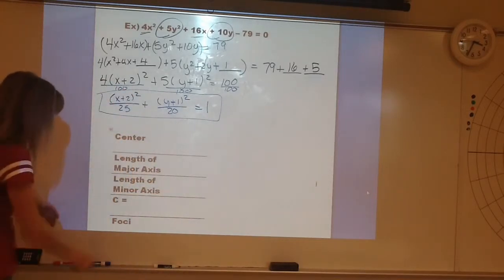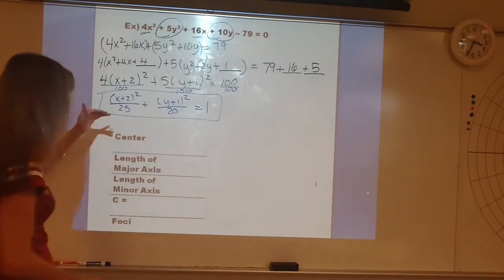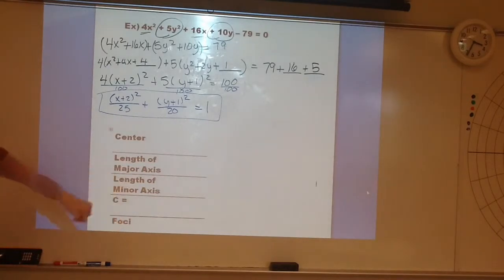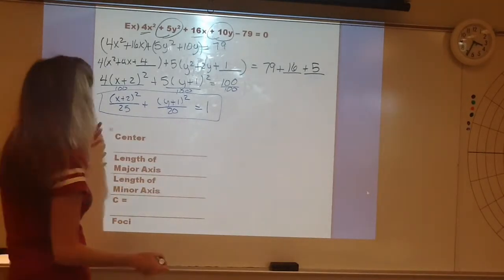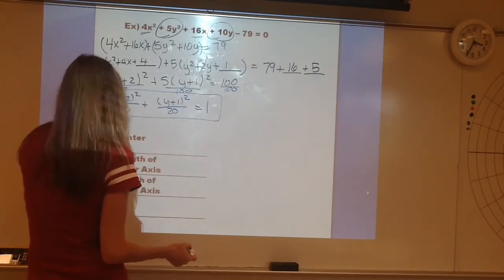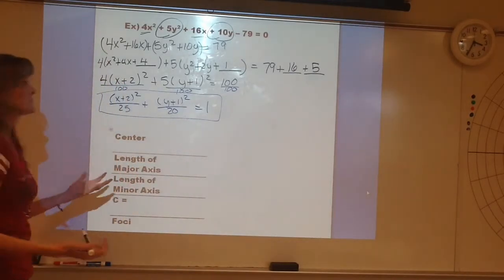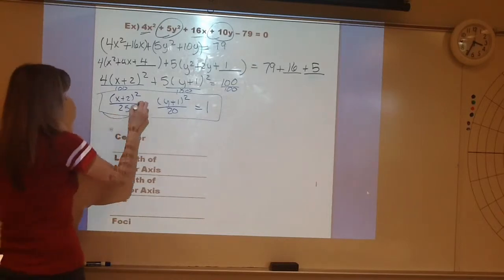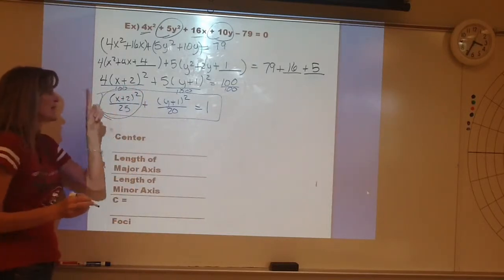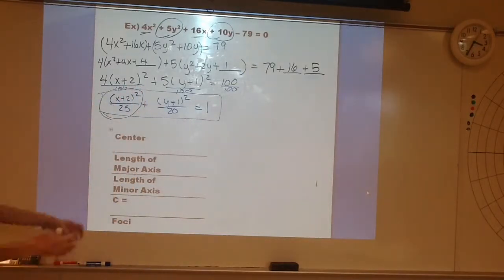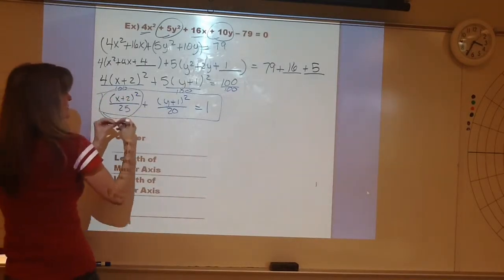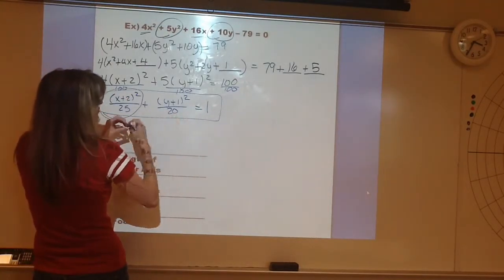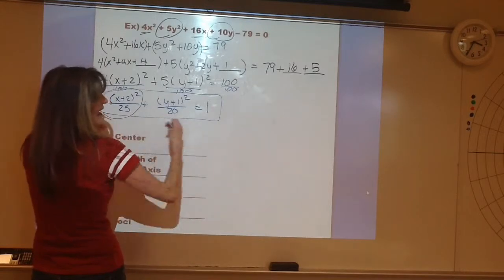So now I want to determine my center, my length of major axis, length of minor axis, my C, so I can figure out my foci. And one of the things that I need to know is what direction my major axis is going. Well, here's my major axis right here because 25 is bigger than 20. So it's going with the x. So that means it's going horizontally, because that's the direction the x-axis is going.